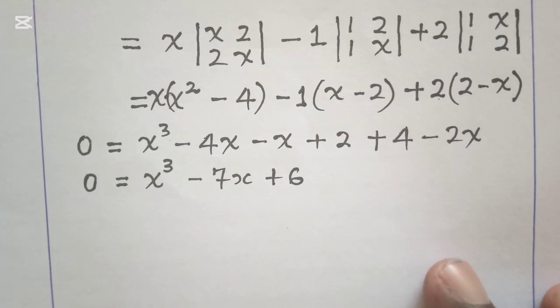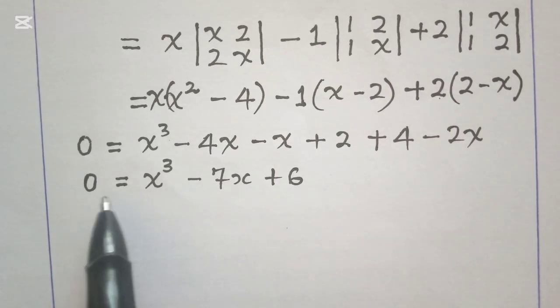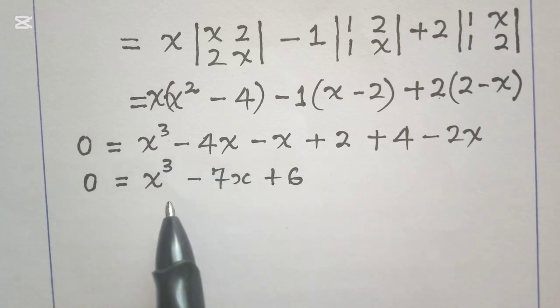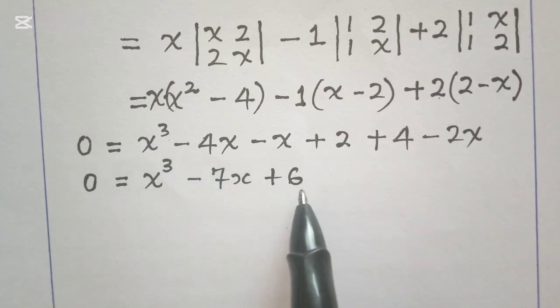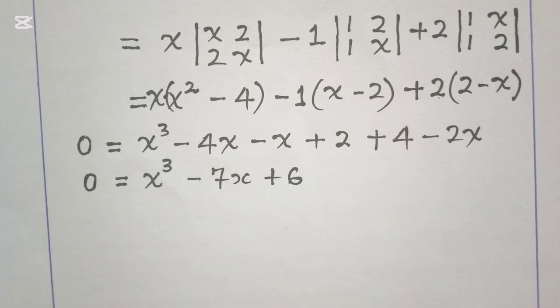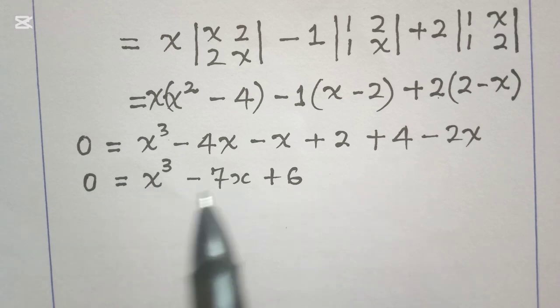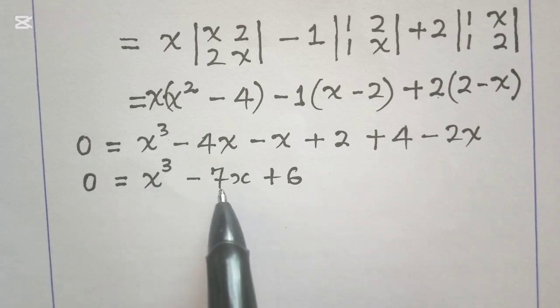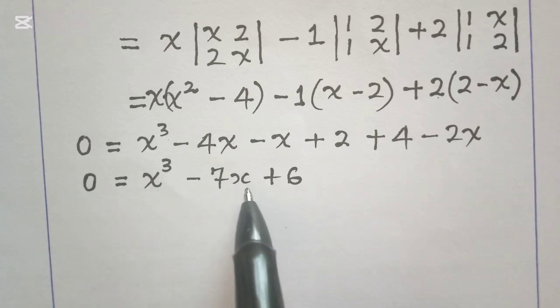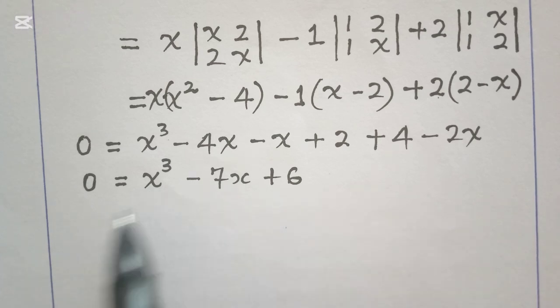So guys, we continue. Now we are going to find our x from this equation. This is a polynomial equation. And so guys, I can first of all try the trial and error method. For example, let's say I replace my x with 1, we shall find that this is 1 minus 7, because this is also going to be 1. 1 minus 7 will be minus 6, plus 6 is equal to 0.